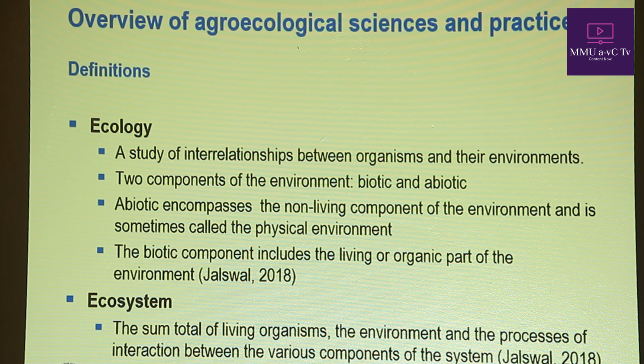So agroecosystems are the agricultural systems that are managed particularly for the production of food, feed, and fiber. And then looking at these interactions, we bring in the aspect of ecology.